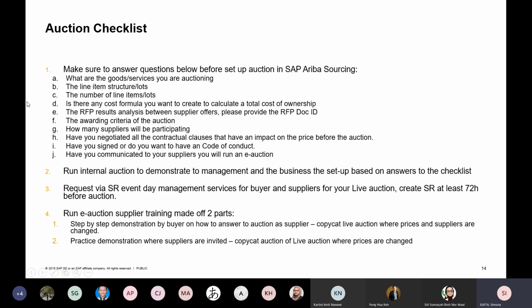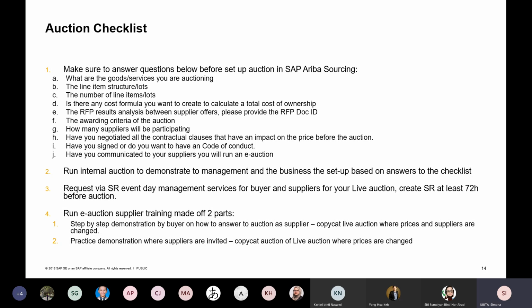And the 4th point, run an e-auction supplier training that is composed of 2 parts. First part, a step-by-step demonstration by the buyer or buyer sourcing team on how to answer the auction as a supplier. This is a copycat of your live auction where prices and suppliers are changed.